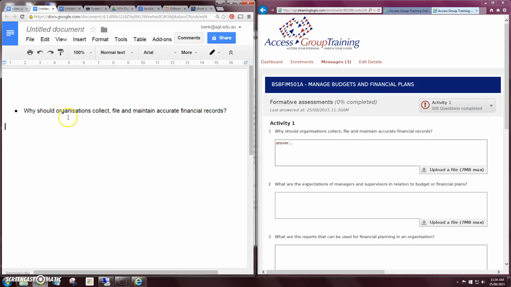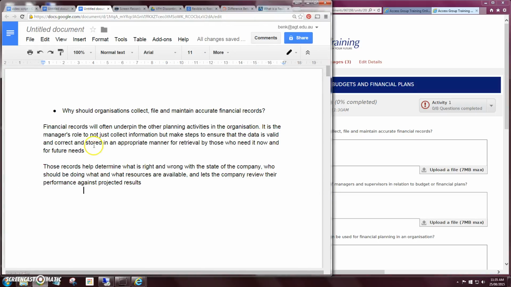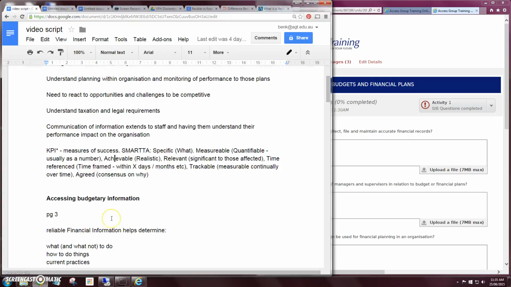So with this first question, why should organizations collect, file and maintain accurate financial records? I've gone ahead and drafted out some of my answers. Let me open this page up a little bit more. The answer I've provided is based on the notes that I had taken here.